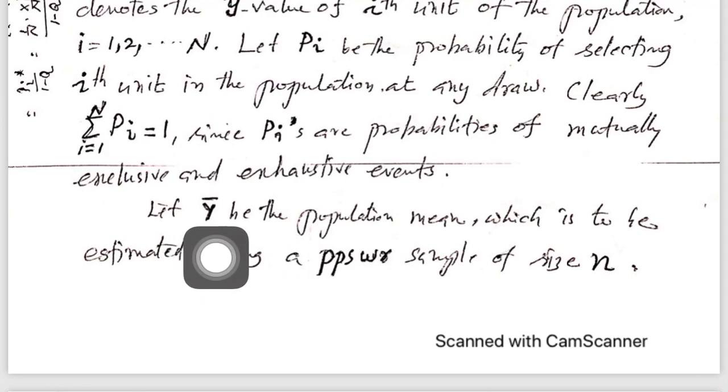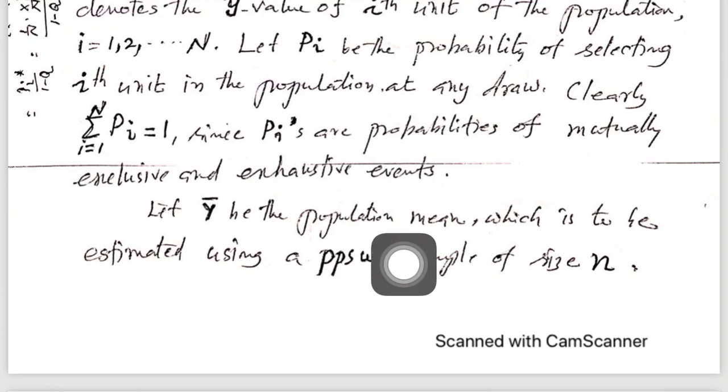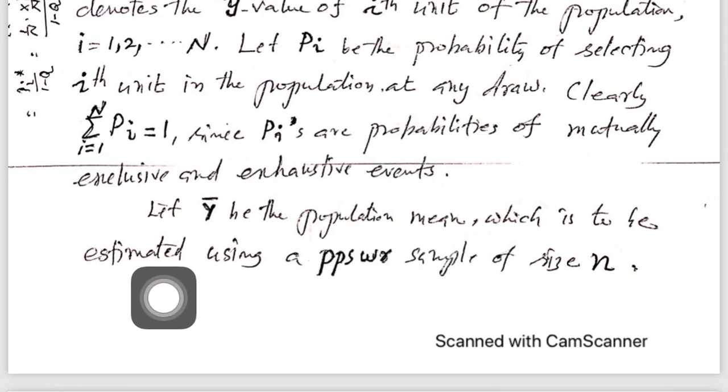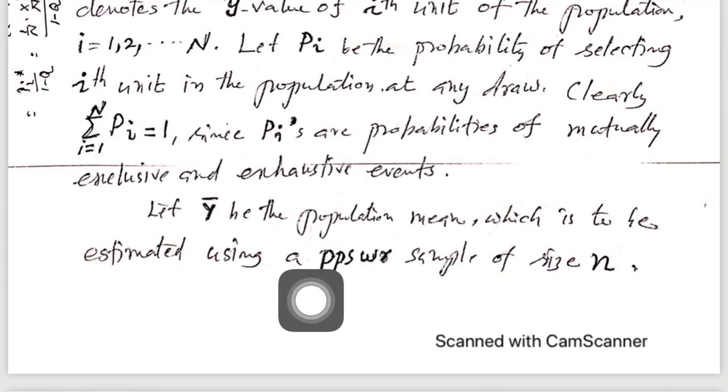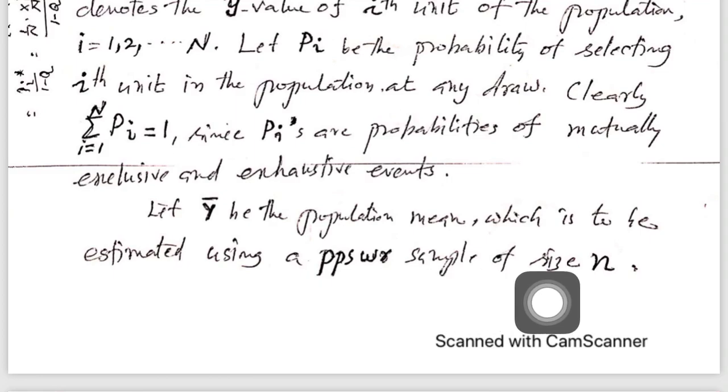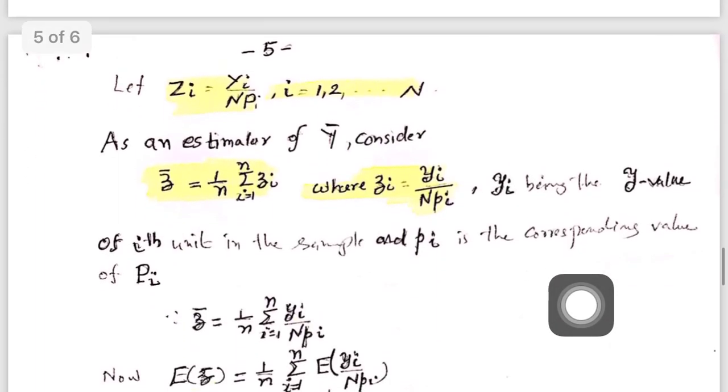Now we define the parameter. Let capital Y bar, as usual, be the population mean, and suppose that capital Y bar is to be estimated using a PPS with replacement sample of size small n.